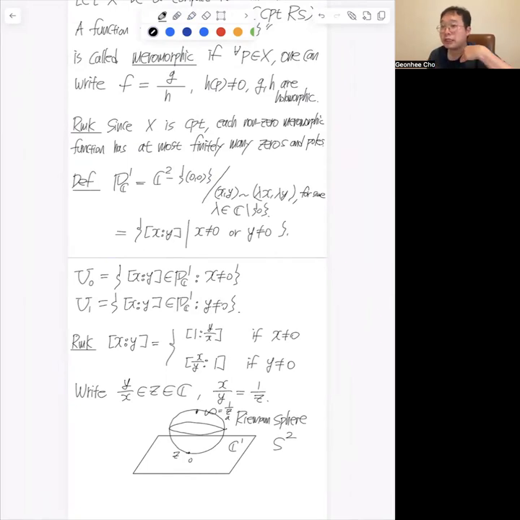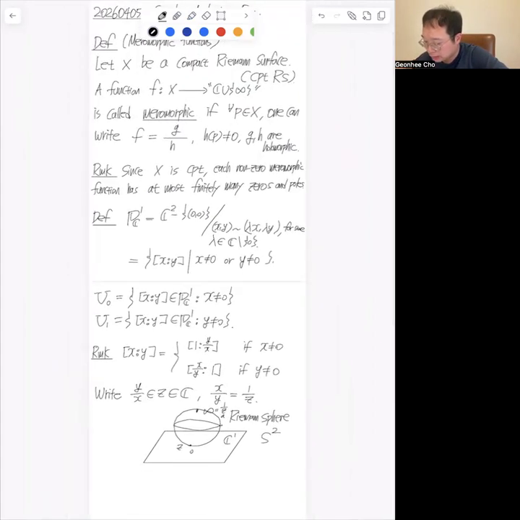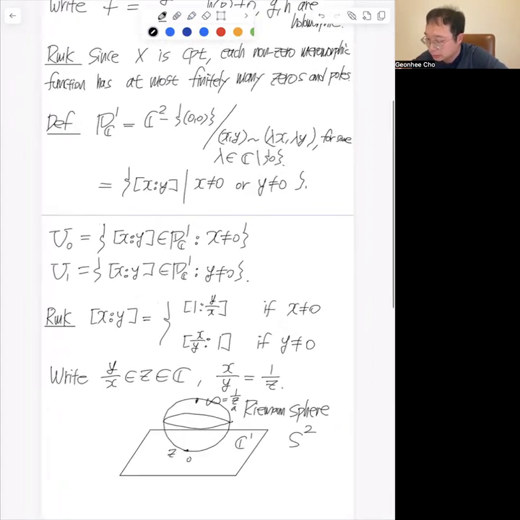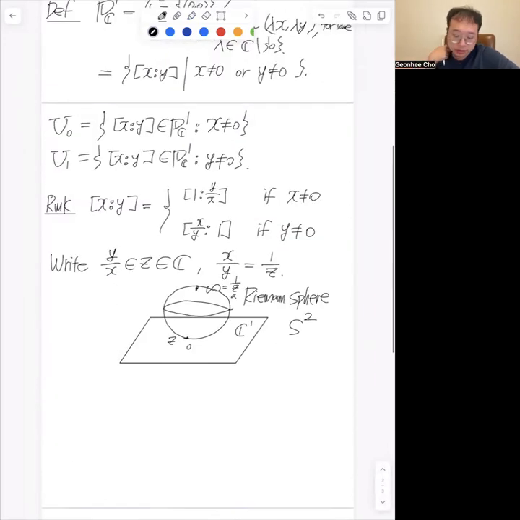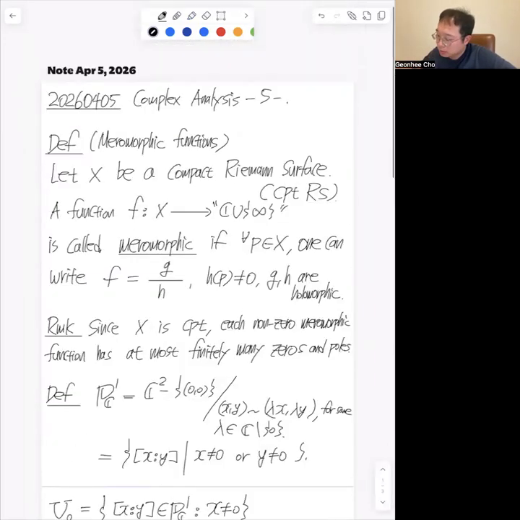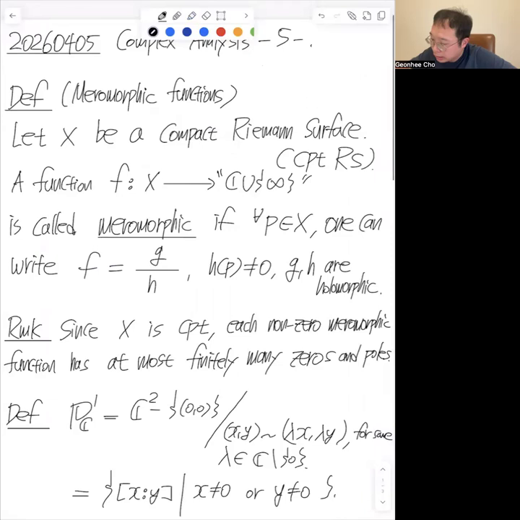Of course, we are able to establish the explicit bijection between CP1 and S2 for sure, but I will not talk about it during the lecture. If you are interested in it, you can try to establish it yourself or search the known literature. Now, what you can see is that we are also able to replace this part by CP1 if you want.